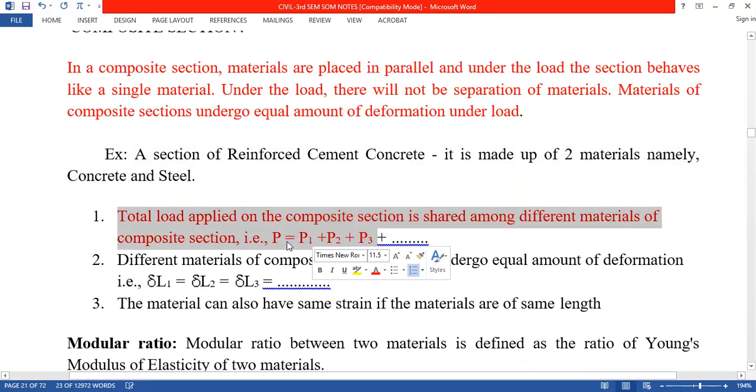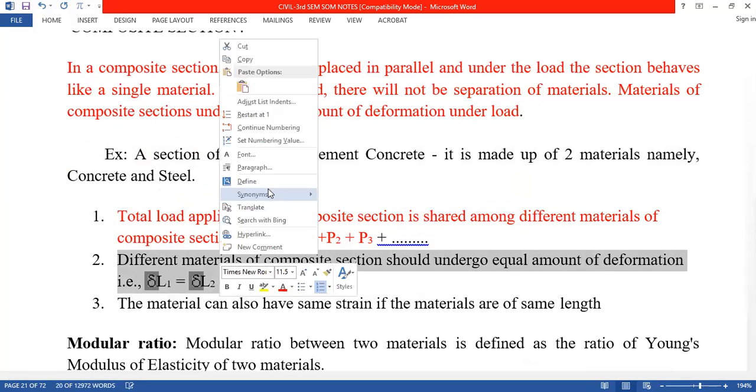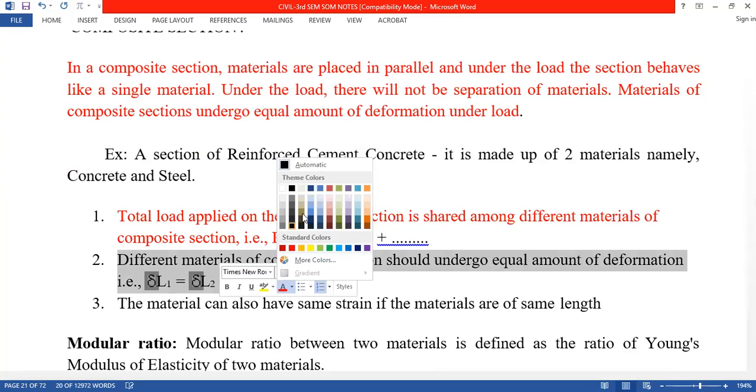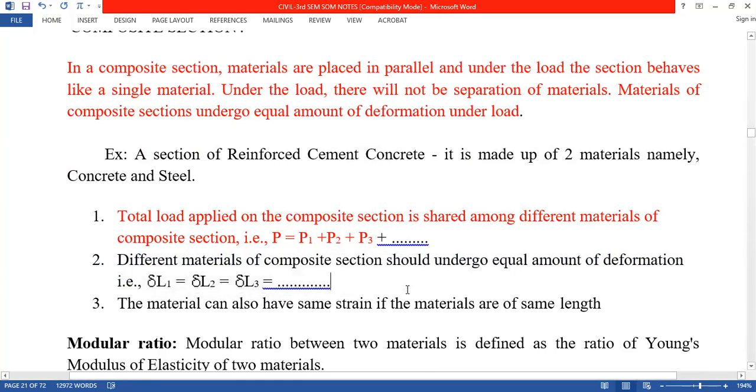If we are considering three types of loads, automatically the different materials of the composite section will undergo different deformations, that is delta 1, delta 2, delta 3, because whenever there are different kinds of material, there will automatically be different kinds of deformations. So in such cases, we need to consider different deformations.